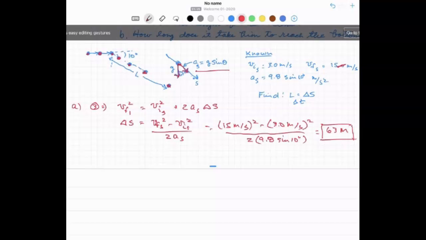Now in part B, we're asked, what is the time interval for the trip down the incline? Well, I know what the final velocity is, and I know what the initial velocity is, and I know what the acceleration is. So I can use my first kinematic equation.